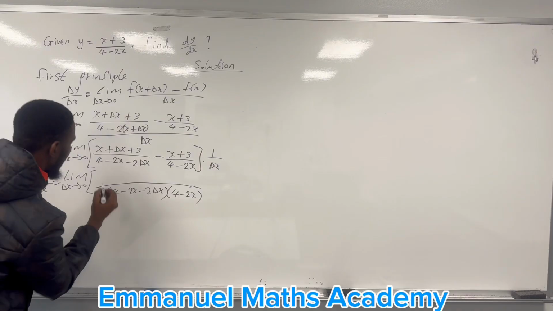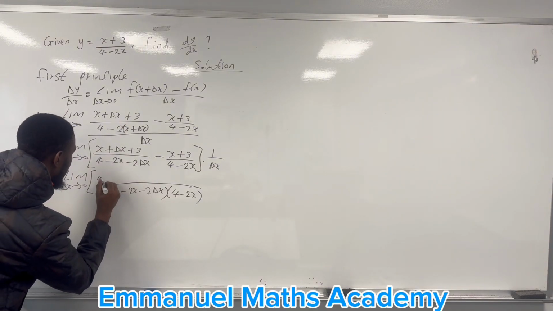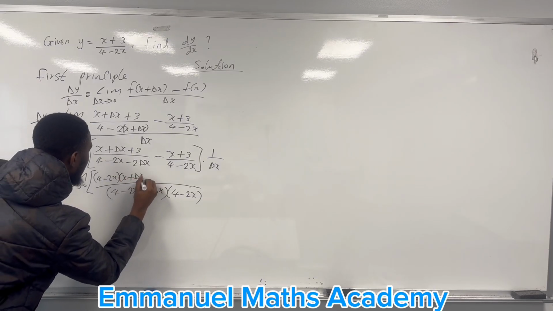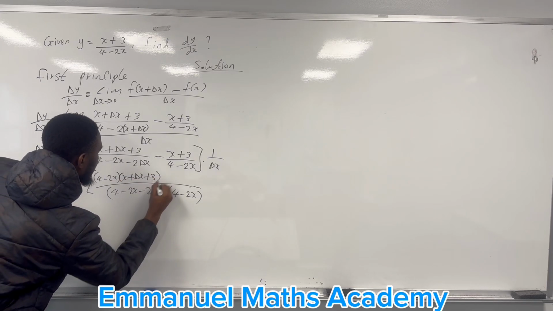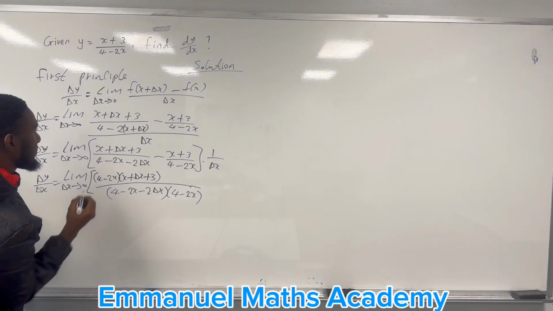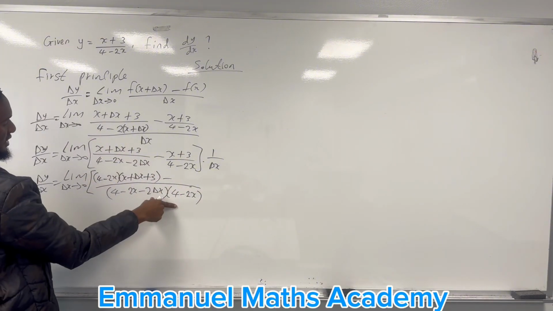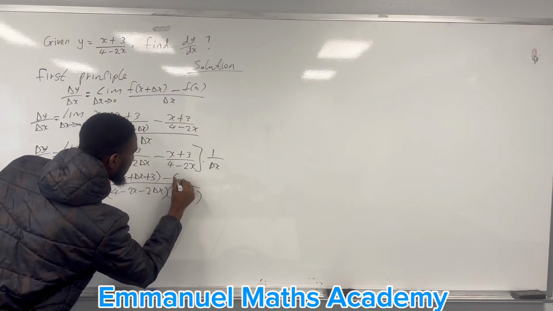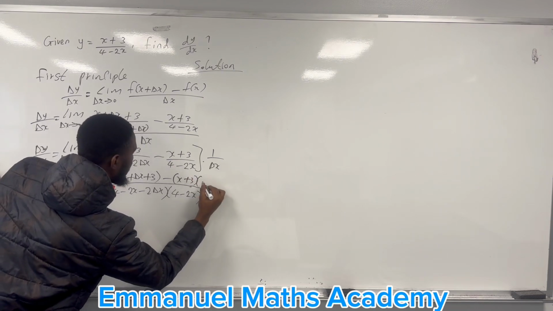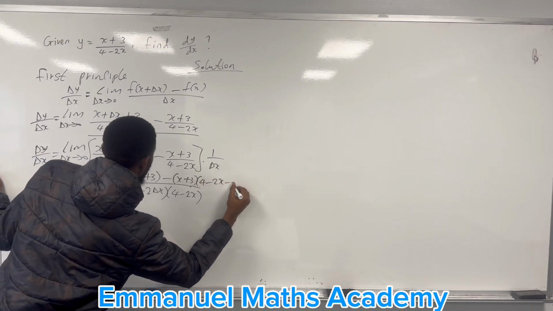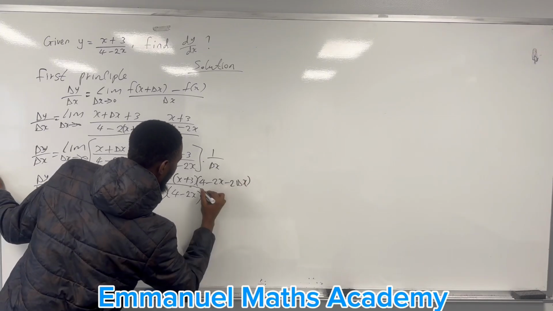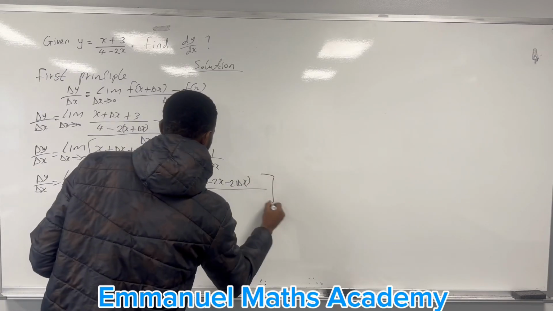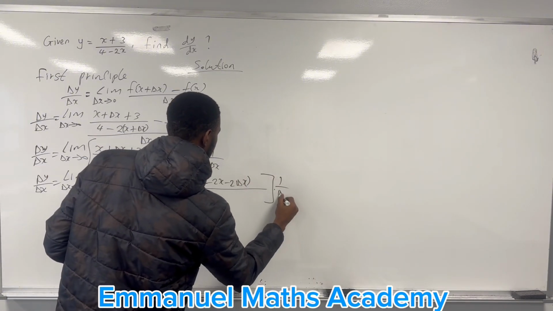Here we have 4 minus 2x times x plus delta x plus 3, minus this LCM divided by this, you have this times this: x plus 3 times 4 minus 2x minus 2 delta x. Good. Remember you have your dot 1 over delta x.